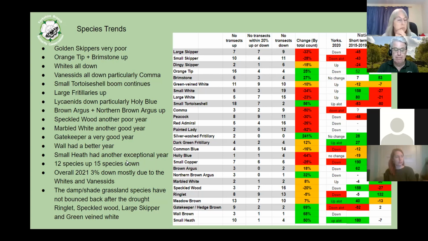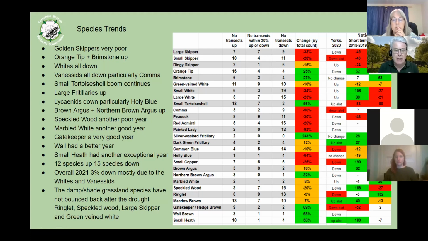Overall, although you can say it's a pretty average year, 12 species up, 15 species down. So it's still more down than up. Overall, we are 3% down compared with the 5-year average. But as you saw in the graph of the different years, actually this year, if you compared it, say, with 2016 and the previous 5 years, there's a significant increase.